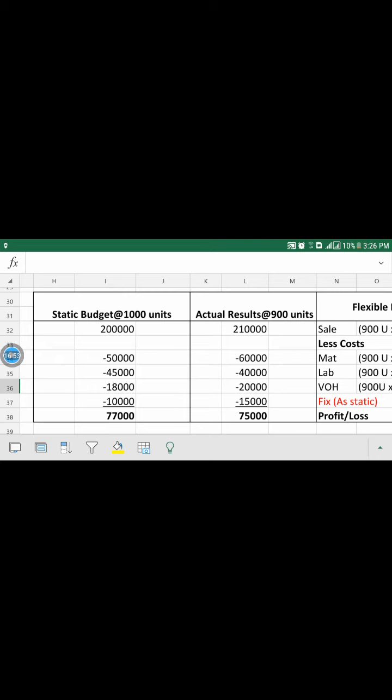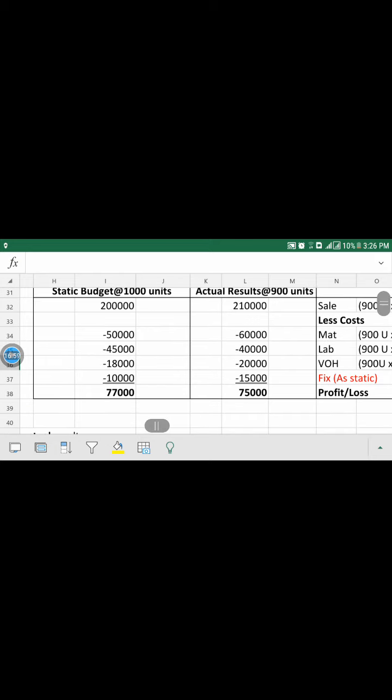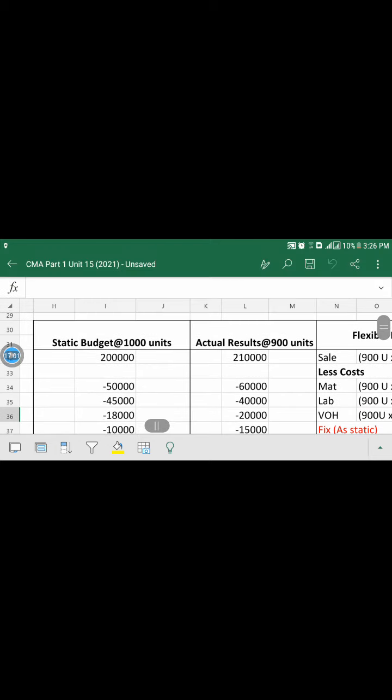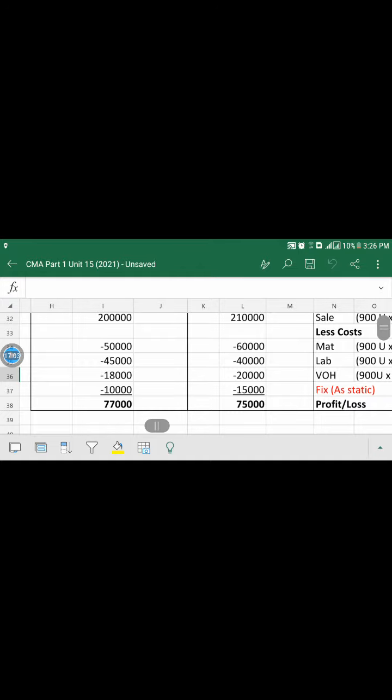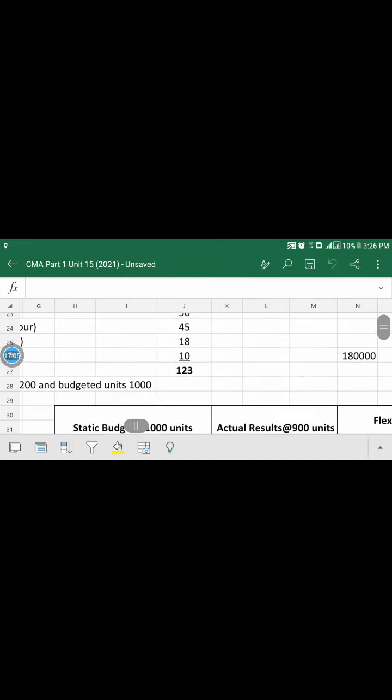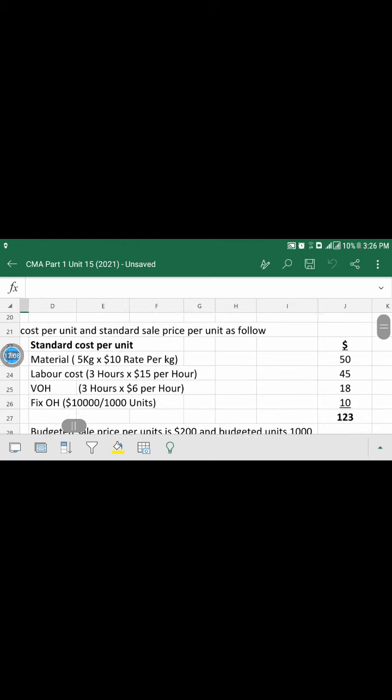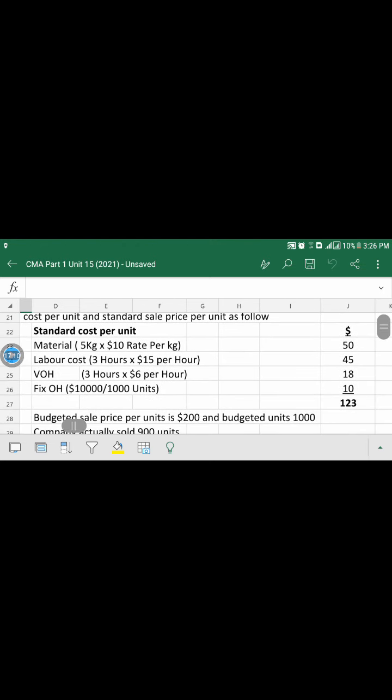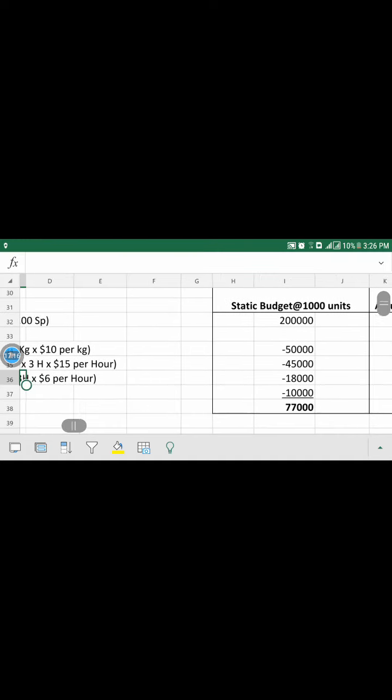To calculate it, it is the difference between the flexible budget and the actual budget. You can see there is a flexible budget and the actual budget, and this difference is the flexible variance.